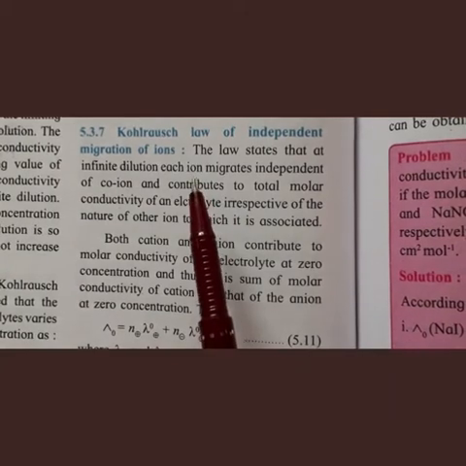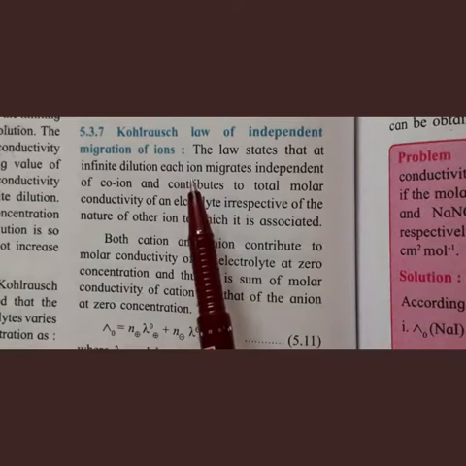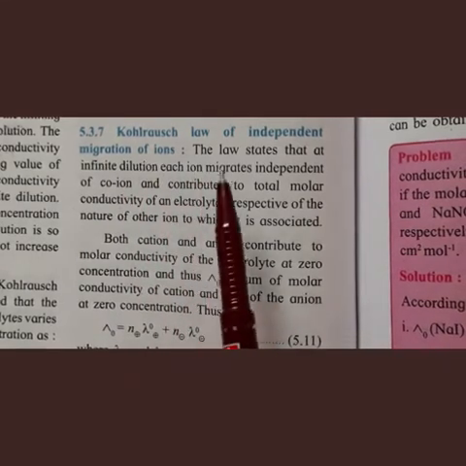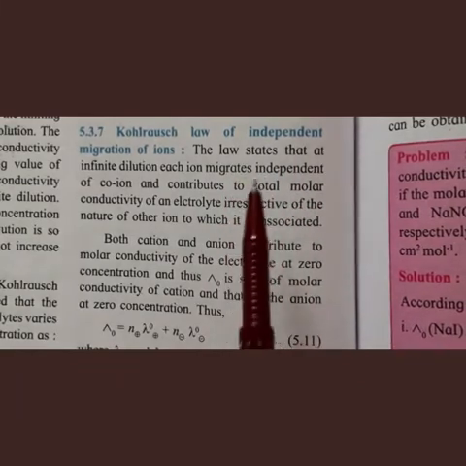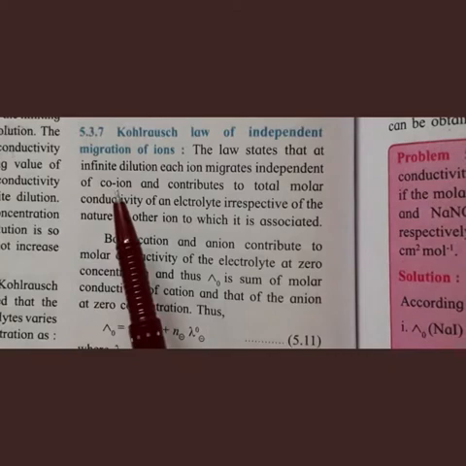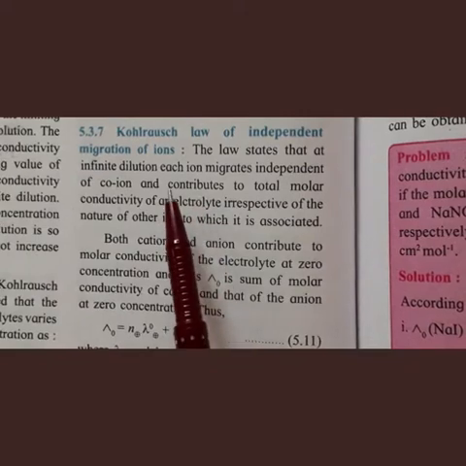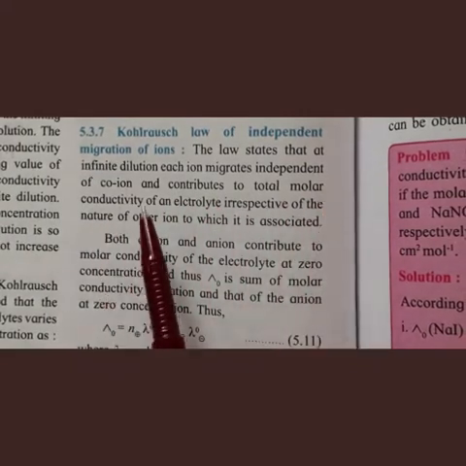Positively charged ions are cations and negatively charged ions are anions. According to this law, at infinite dilution, cations and anions migrate independently. Their migration does not depend upon the co-ion. Cation and anion migrate independently and both of them contribute to the total molar conductivity.